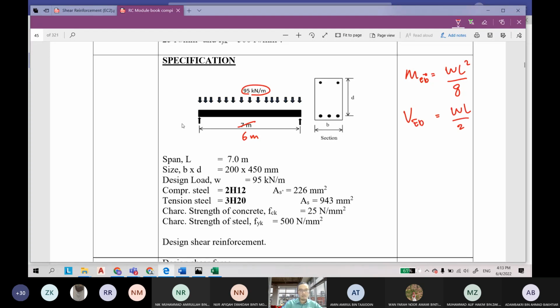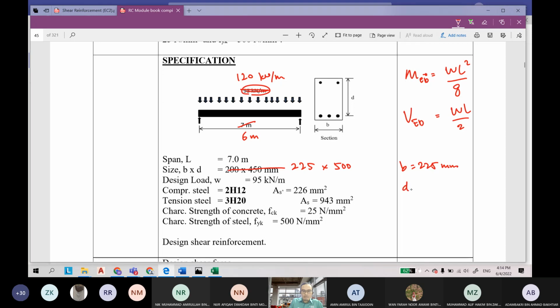The ultimate load here I change to 120 kilonewton per meter. And then the AS for compression. Sorry, the B times D here I change to 250 times 500. So our B is 250 mm.